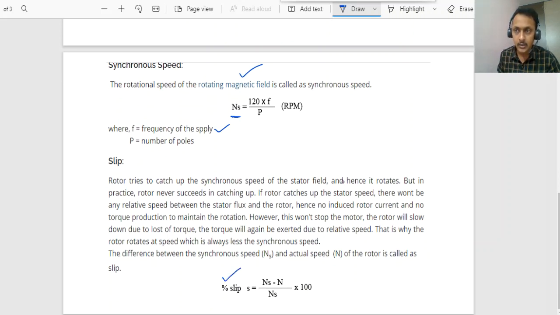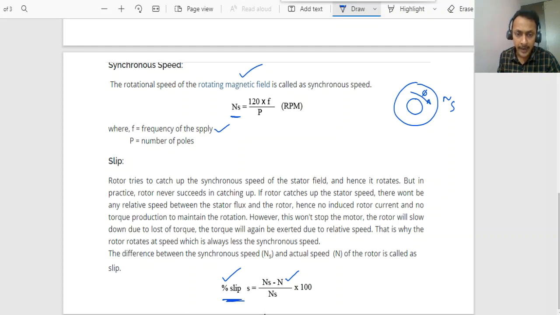Percentage slip is defined as ns minus n divided by ns. For example, if this is the stator and this is the rotor, the flux is revolving or rotating with speed ns, but here the difference between the rotor speed and this flux, ns minus n divided by ns into 100, is called the percentage slip.